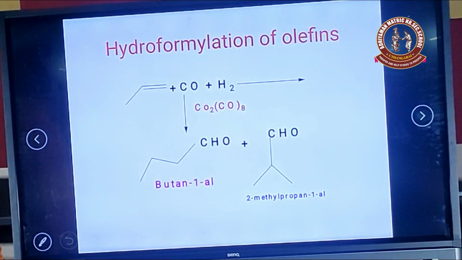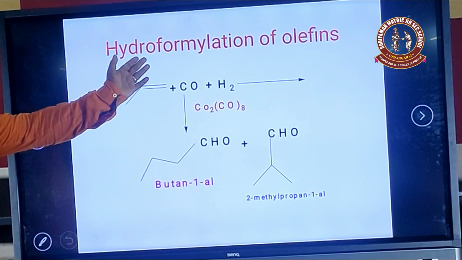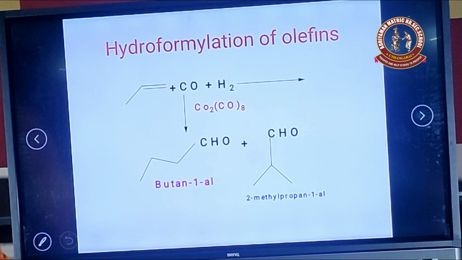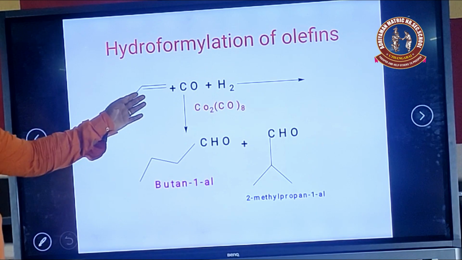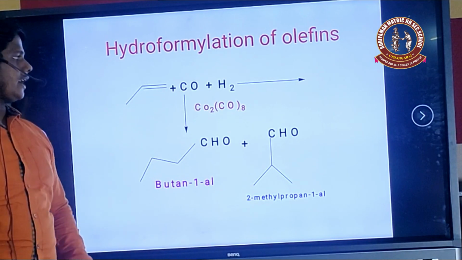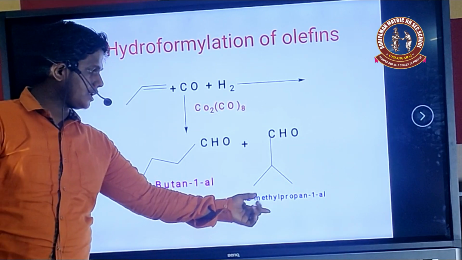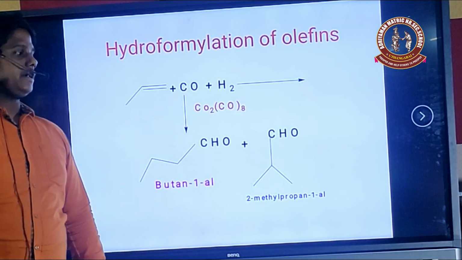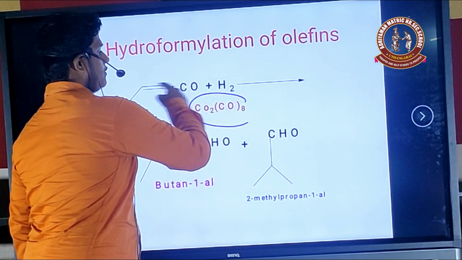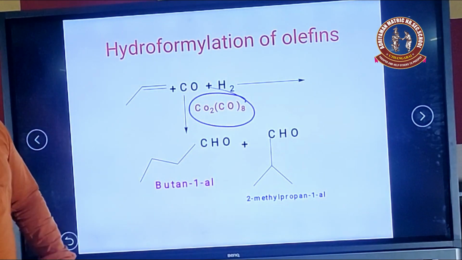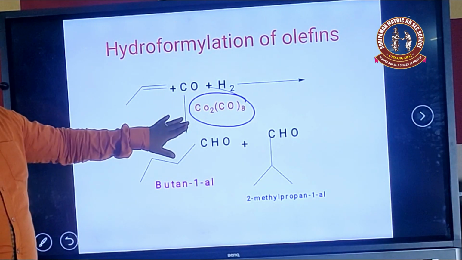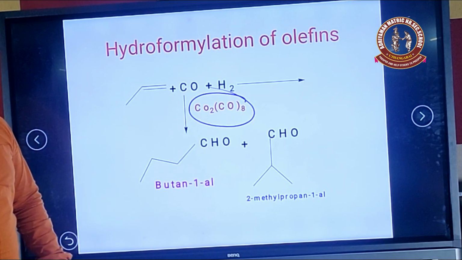And then the next is another example, hydroformylation of olefin. Here it is also generally an alkene, in the presence of carbon monoxide and hydrogen gas to produce butan-1-al, also 2-methylpropan-1-al. Here Co2(CO)8 is one of the organometallic compounds.